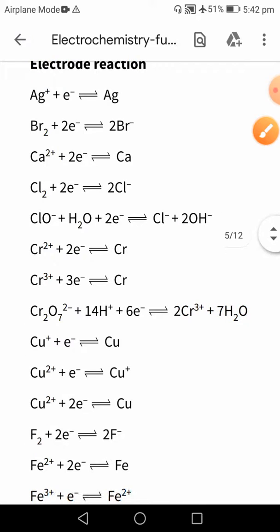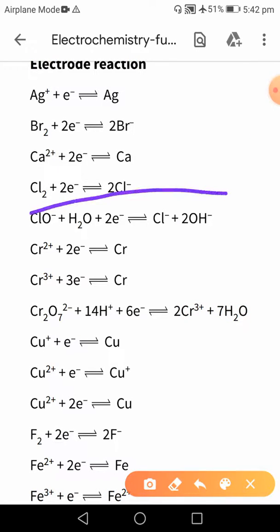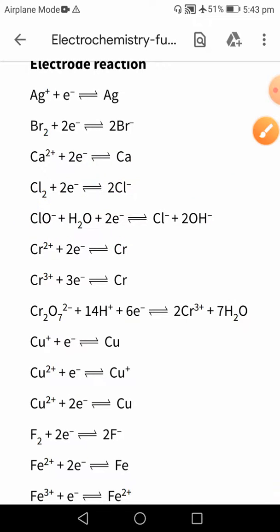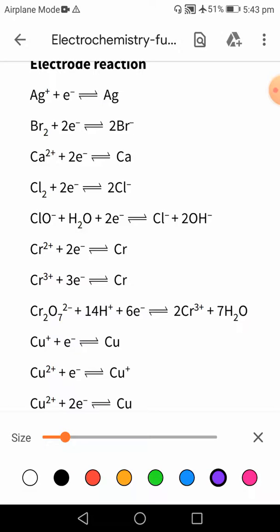Now let's move on to this one. What are the things present already here? We have ClO minus, we have H2O, we have Cl minus, we have OH minus. To produce a half cell from here, we must employ all these ions. So let's begin.